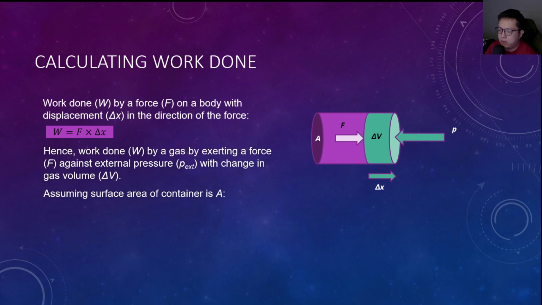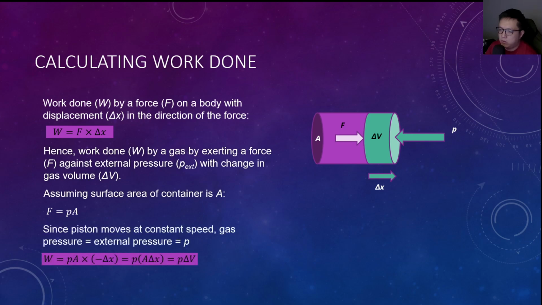Because I know this is A and this is delta x, I can find the change in volume here. Force is equal to pressure times cross-sectional area, and I sub it into the formula on top. So work equals PA, pressure times cross-sectional area, multiplied by change in x. If I shift the A inwards, this becomes P delta V.